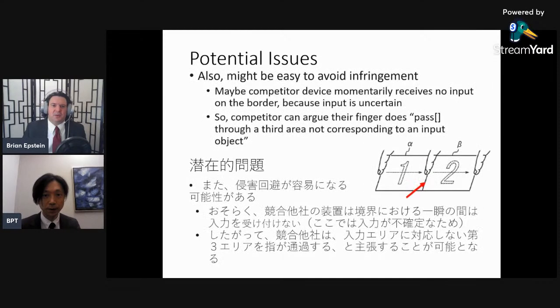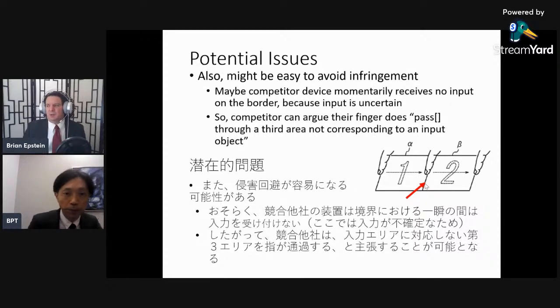Yeah, sure. So one of the biggest ones is that it might be easy to avoid infringement by competitors. So let's say our competitor is copying our invention here, and they make a little improvement. Their improvement is that, when we pass from alpha into beta, when we hit this border here, we momentarily receive no input.